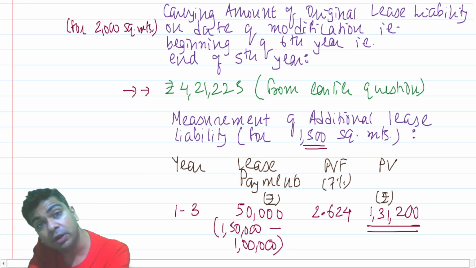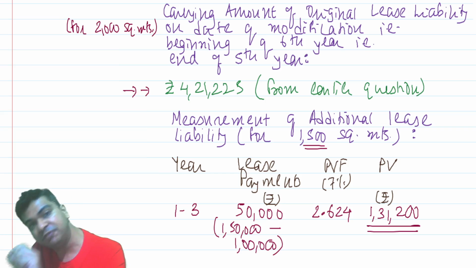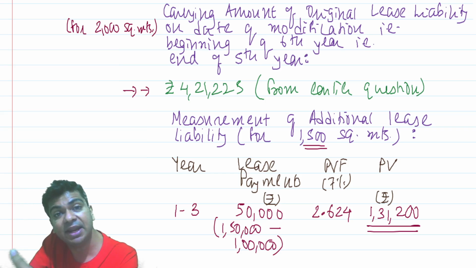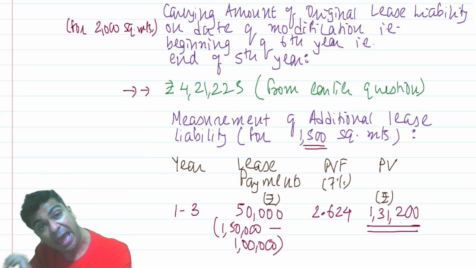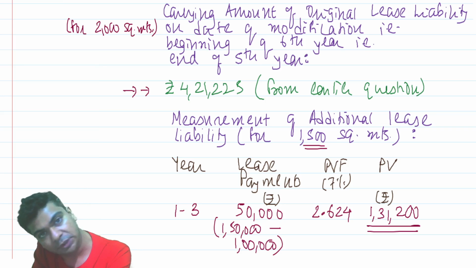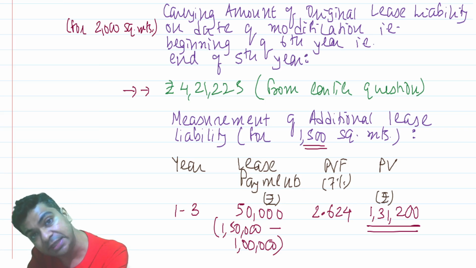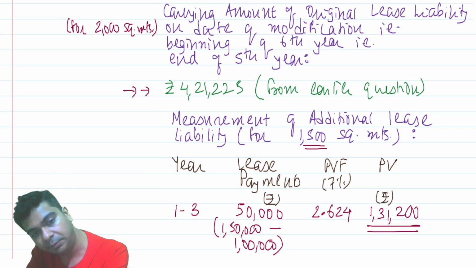Okay. So for the years 6, 7 and 8, see, we are doing modification at the end of the 5th year. So for the year 6, 7 and 8 only, now you will pay a lakh of rupees of lease rent. And the discount rate has got updated from 6% to 7%. So we should find out what is going to be the revised, or we can say the modified, lease liability reflecting the reduced lease term.